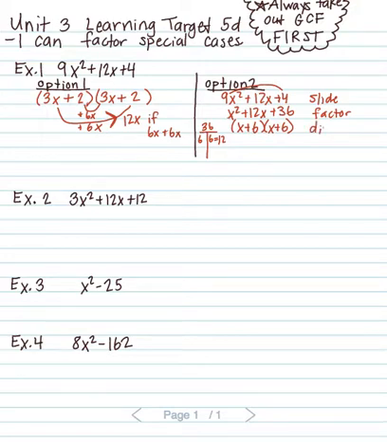Next thing we do is divide. And again, you divide by what you slide. So we slid a 9, so we'll have to divide by 9. Simplify is next.